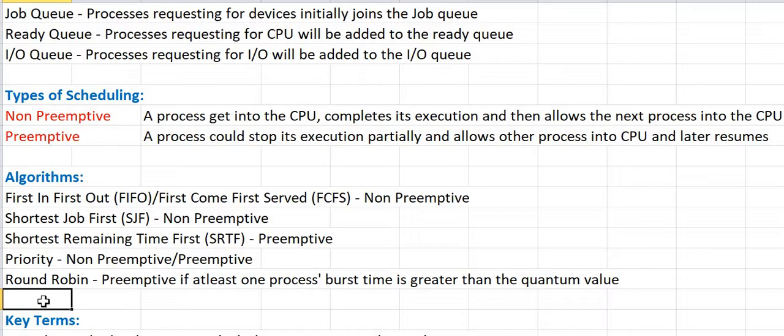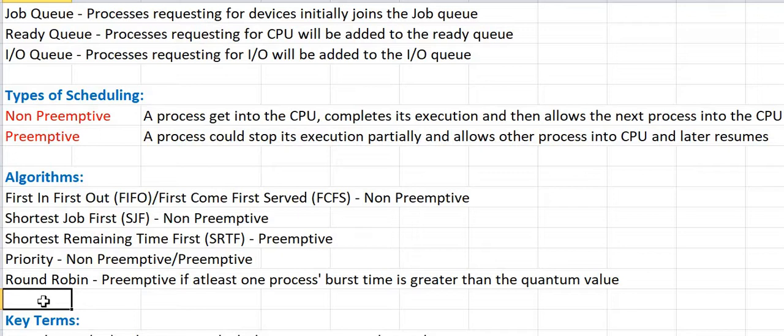Finally comes round robin scheduling, which is the most effective algorithm, where it gives equal opportunities to all the processes. It makes sure every process enters into the CPU, spends some time inside the CPU, and then comes back and joins the ready queue. That time is what we call the quantum time.